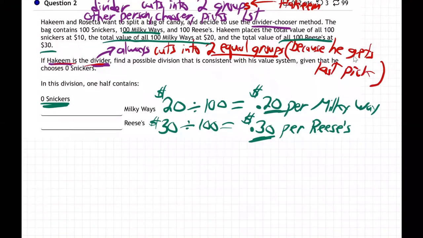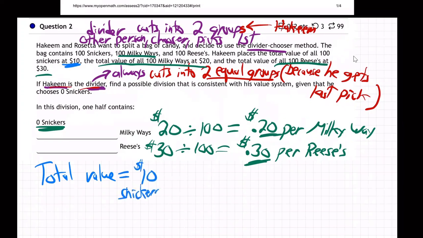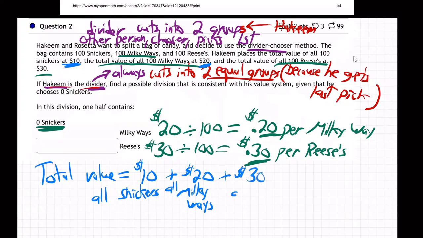So half the value, let's come down here and figure out what that would mean. Total value equals what? Snickers are $10, that's for all the Snickers, plus the Milky Ways are $20, again, that's all the Milky Ways, plus $30 for all the Reese's equals $60.